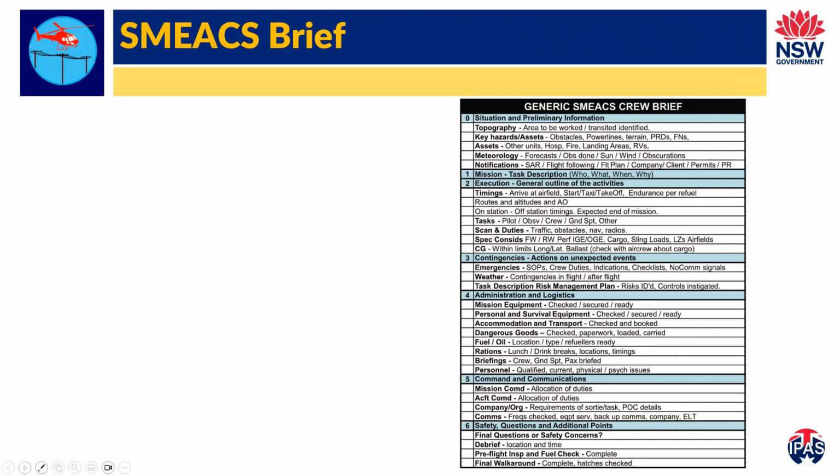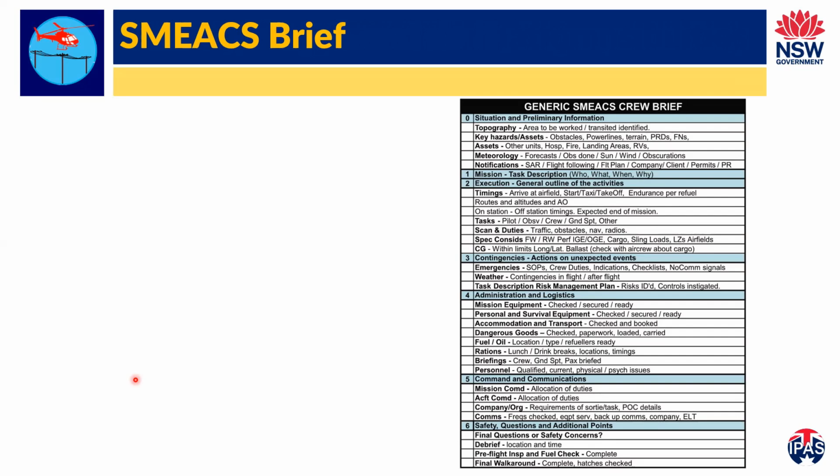Thank you. So just so you understand, SMEAX is an acronym standing for Situation, Mission, Execution, Administration and Logistics, and Command and Signals and Safety. On the screen there is one that I've created. It's a military format, actually created by the Americans, and I've updated it so a pilot can use it to give a brief to a team, or a mission commander or OIC to give a brief to the team.